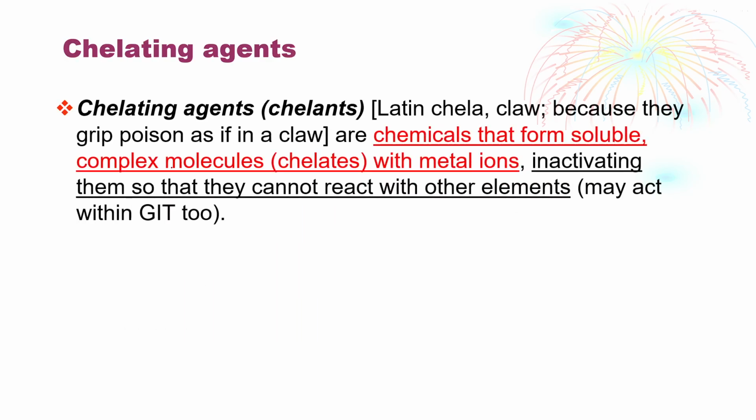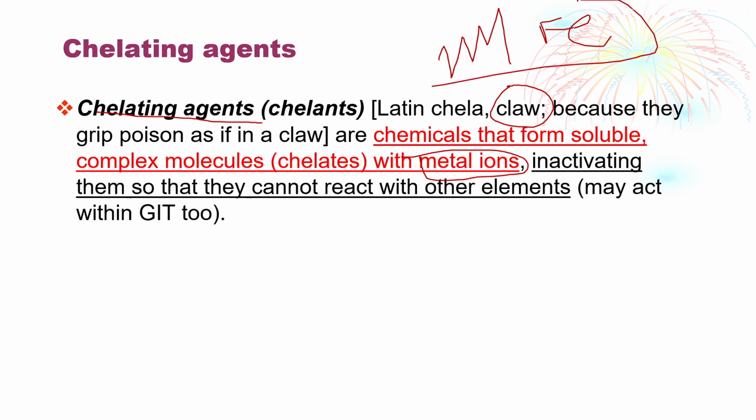Now the third one is the chelating agent. Do you remember, chelating agents are something that has a claw and is highly favorable to metal ions. So it has a very strong claw, and whenever it sees heavy metals, it captures them inside itself with the claw. So these are the chelating agents.